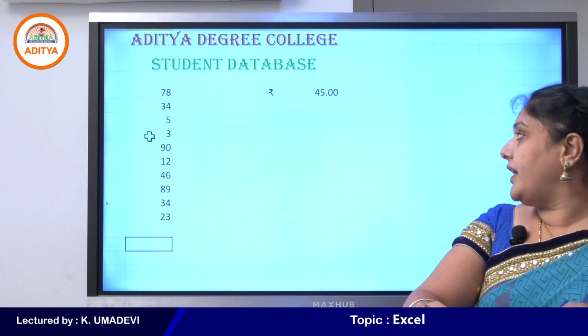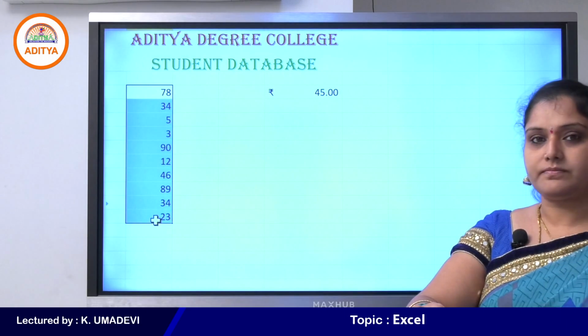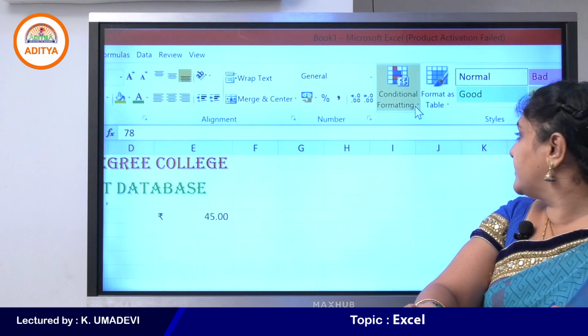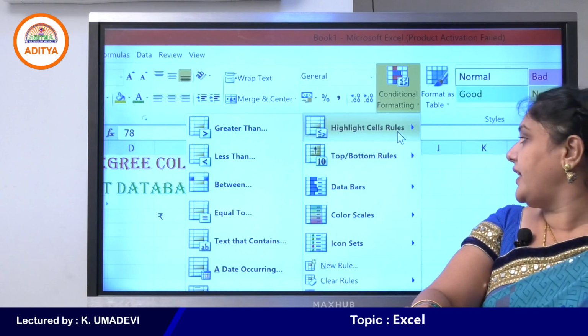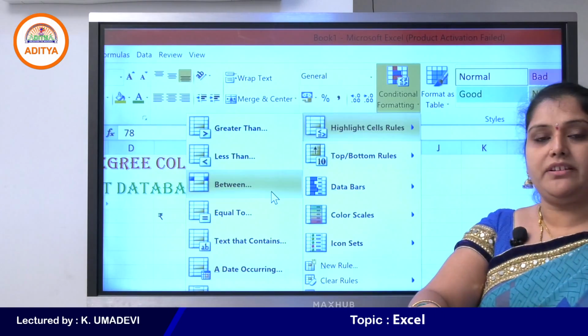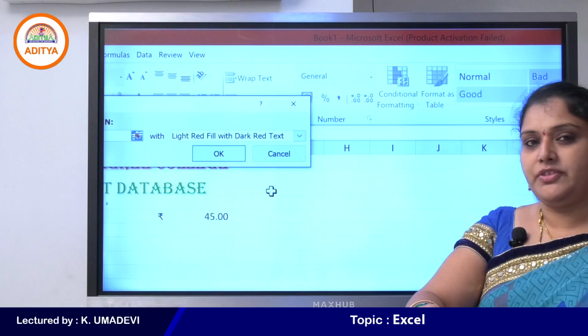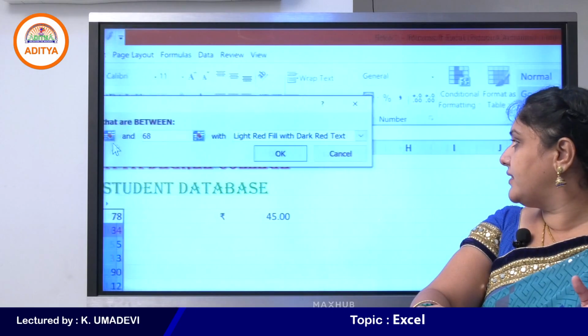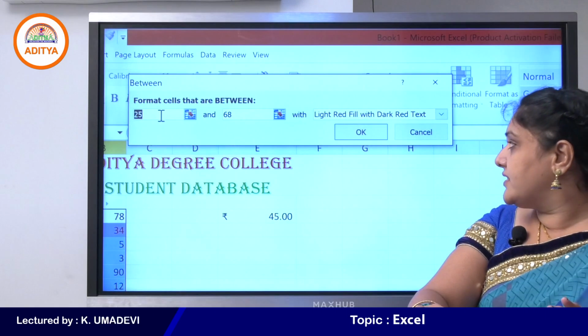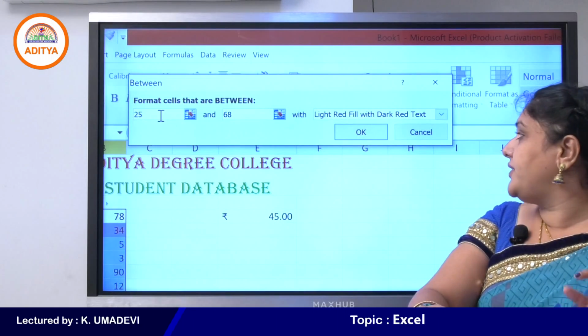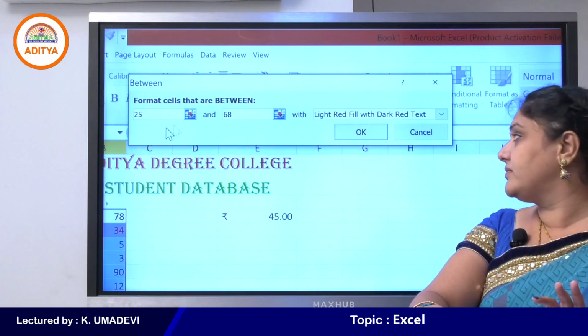Okay, so now again select the data, go to conditional formatting. Okay, so next, between. So if you want to apply between, first enter the starting value and enter the ending value.